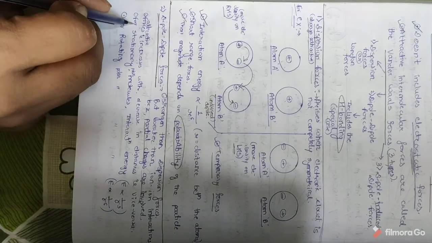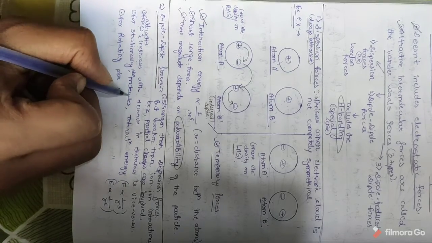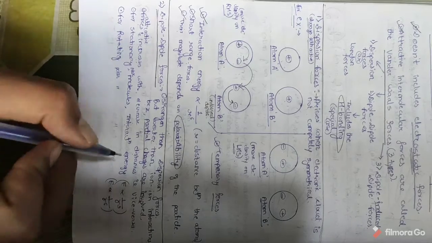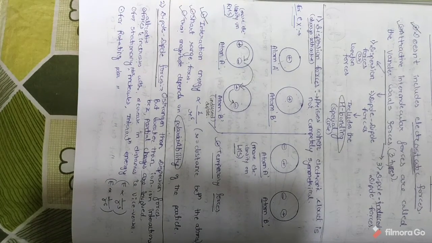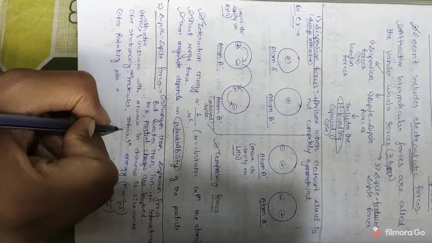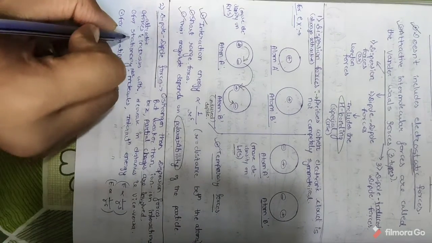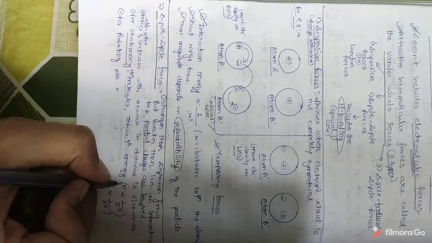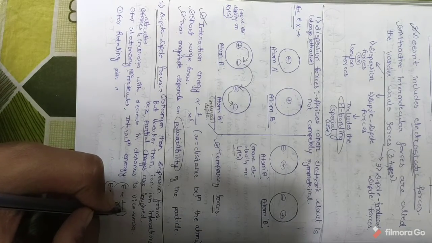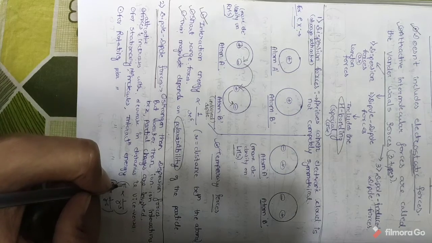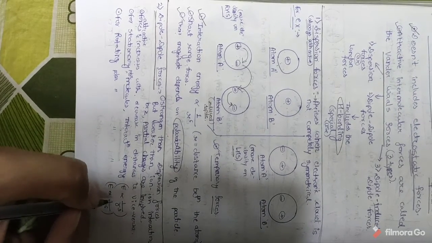Now the energy which interacts between two atoms, two molecules, is known as interaction energy. For stationary polar molecules, this energy E is directly proportional to 1 by r raised to 3, that is, the interaction energy is inversely proportional to r cube.